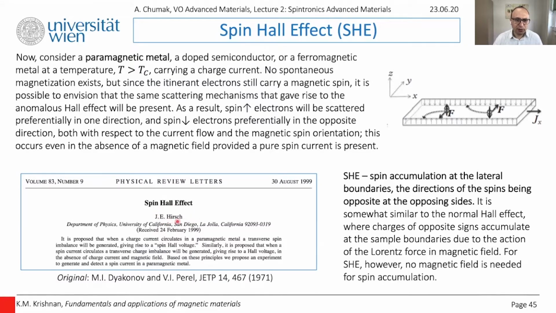By the way, this is the same Hirsch who invented the Hirsch index, which all scientists pay attention to. And since this paper, there was a boom. Many people really study it, since it allows you to get spin accumulation at the lateral boundaries, the directions of the spins being opposite at the opposite sides.